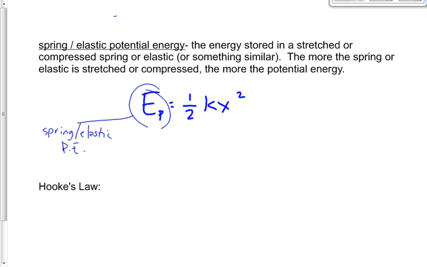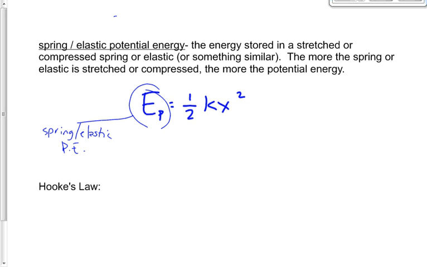Elastic potential energy is the energy that's stored in this elastic, or something like an elastic, that's compressed or stretched. When you hit a bumper car that has a rubber bumper, it squishes that, right? It converts the kinetic energy into elastic potential. And what does that do? Well, it absorbs the shock, right? It absorbs the shock when we do that.